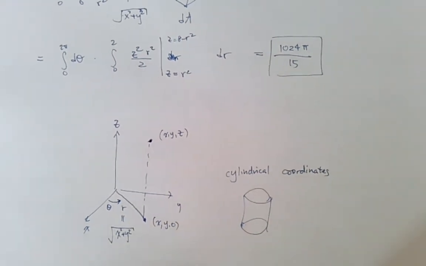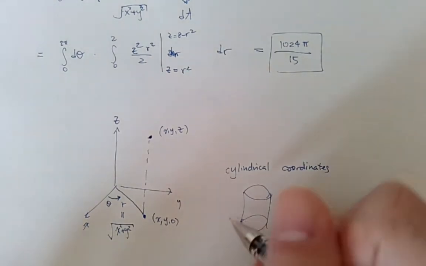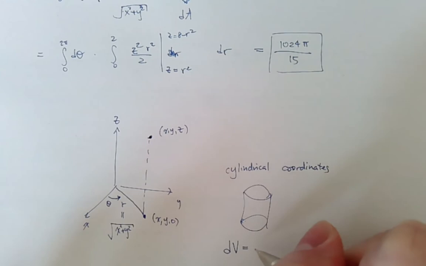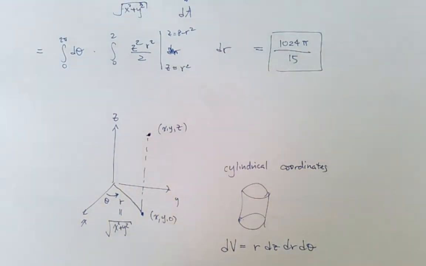Technically what we did is integrate in cylindrical coordinates, so we have dV equal to r dz dr d theta. We derived this with almost no extra work because it's really just polar coordinates with a z component.